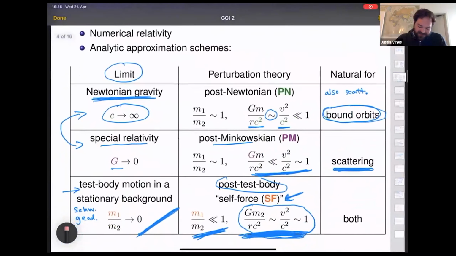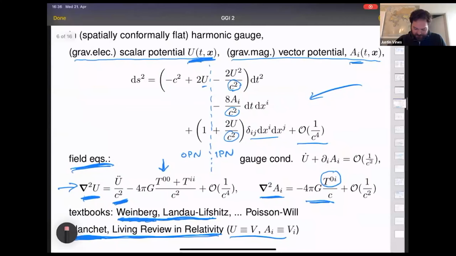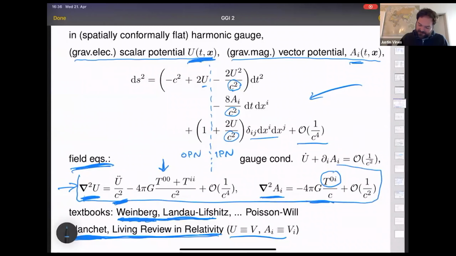So in what I was doing just now, it was very well separated. And that's thanks to an important fact that I forgot to mention here. This is coming back to our first post-Newtonian field equations being remarkably linear. And it's even more remarkable because at first post-Newtonian order we actually have non-linearity in the gravitational field.